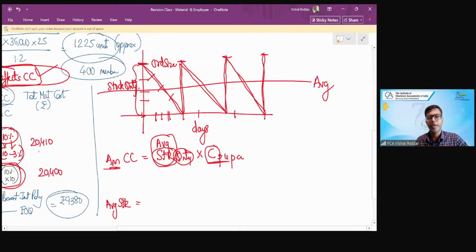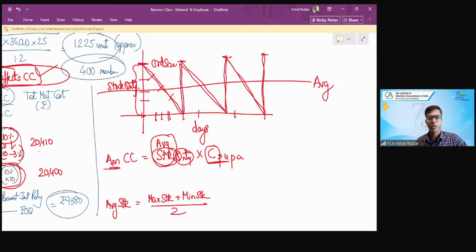Again, simple maths: simple average is opening plus closing upon 2, or you can take maximum stock plus minimum stock upon 2. These are the two options, opening plus closing or maximum plus minimum. Now, if you see what is the maximum stock, Ishan, it will be this.